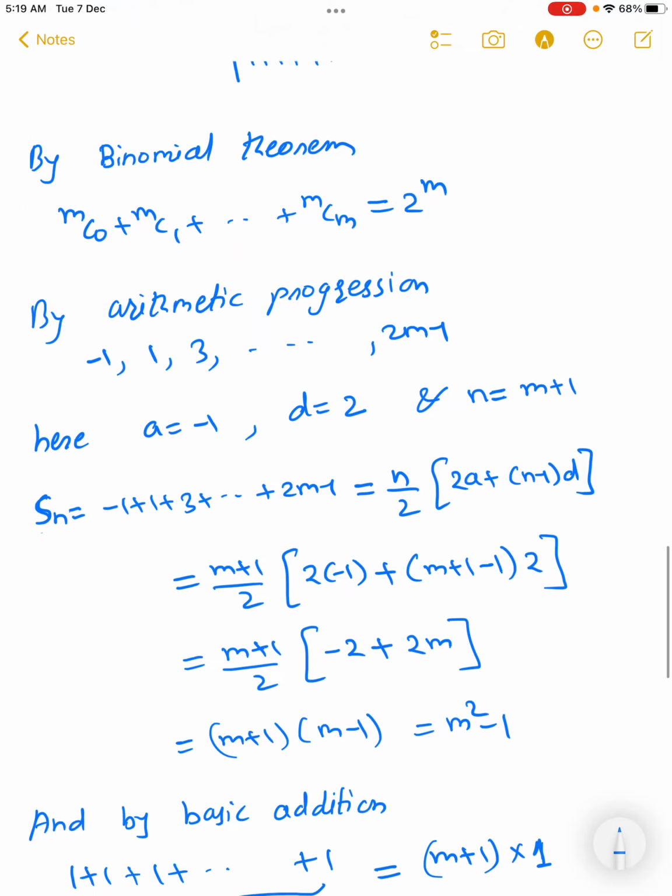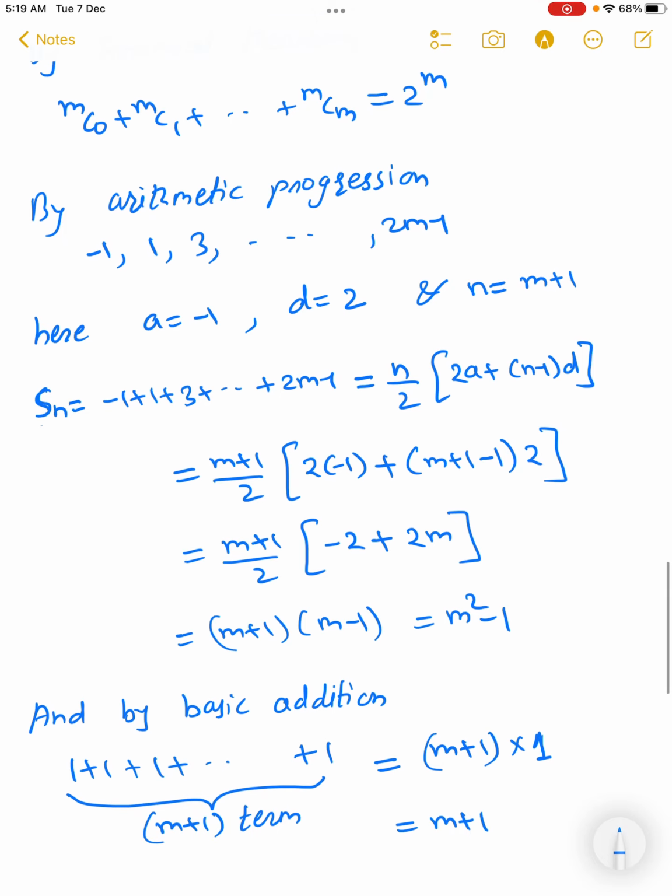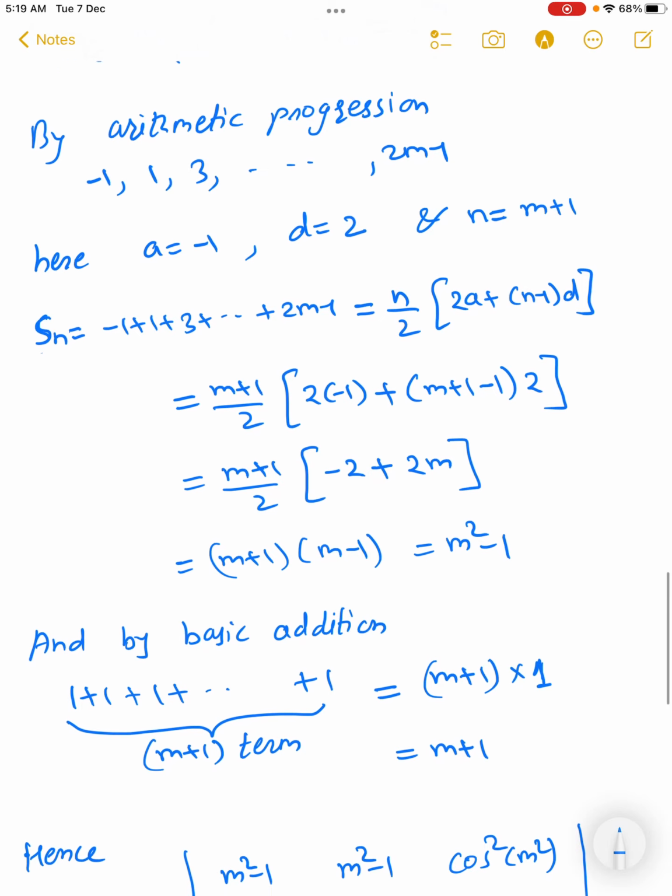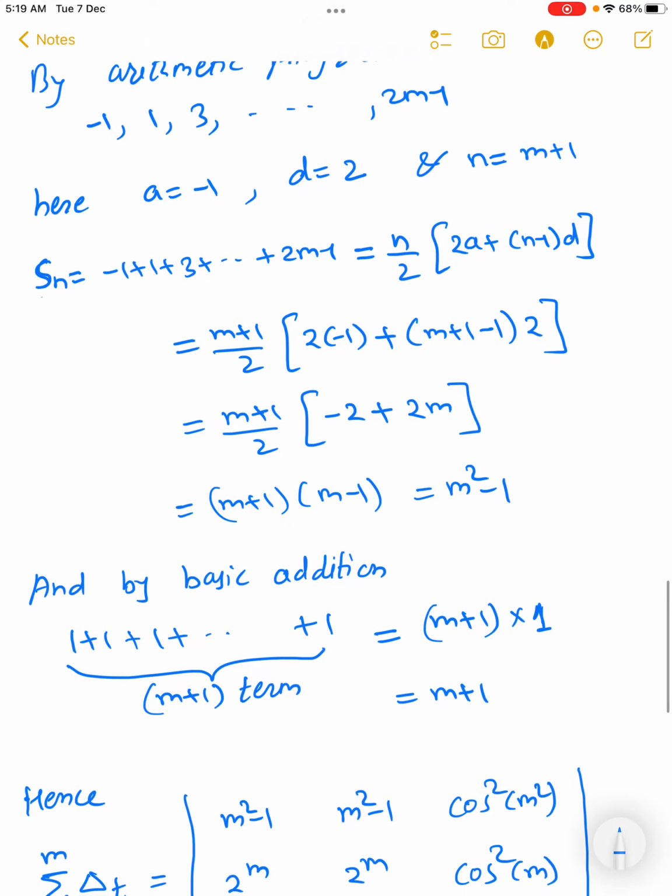So by the sum of an arithmetic progression we get m squared minus 1.